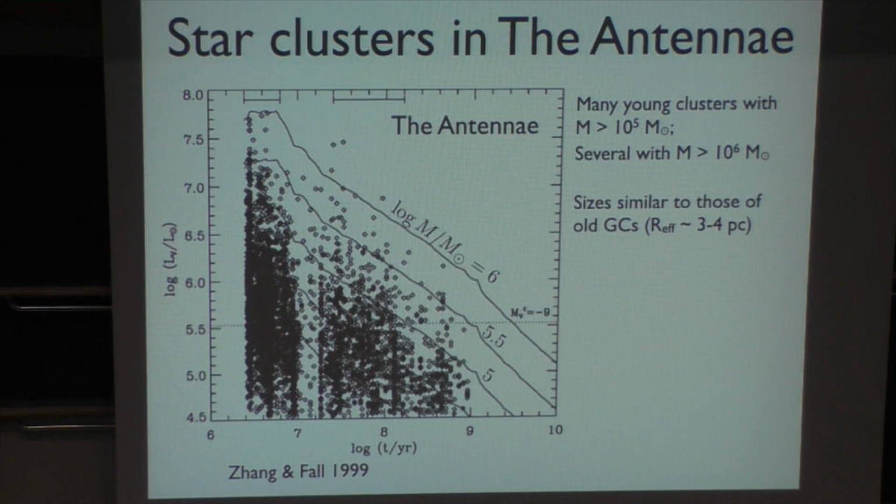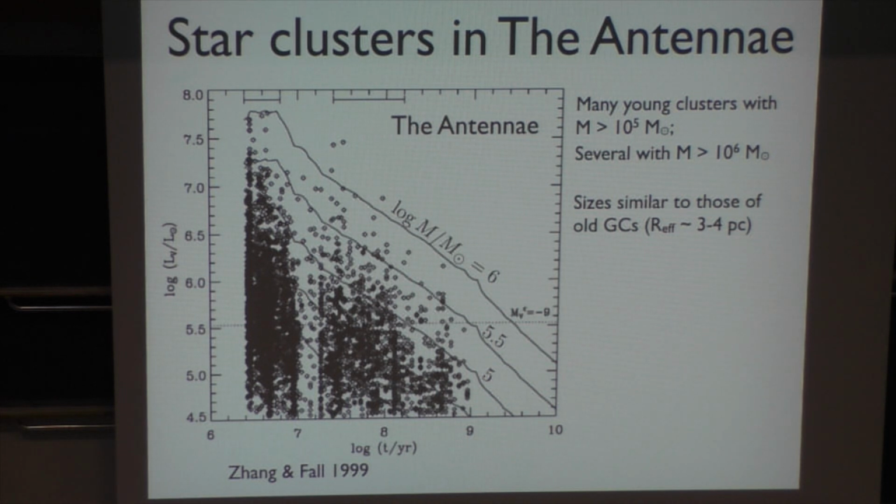And from broadband photometry, you can also age date them. This plot now just shows those point sources or near point sources in the Antennae, with luminosity versus the age determined from broadband colors. And you can see lines that correspond to constant masses. In the Antennae, there are a few clusters that fall above this 1 million solar mass line.